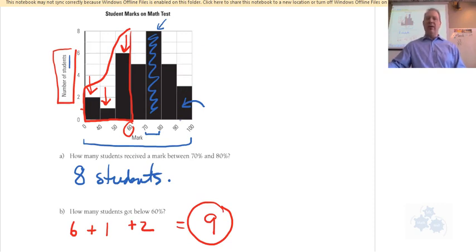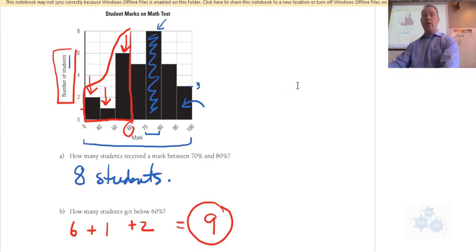However, we don't know these 3 students that are in here. This is a height of 3. Of those 3 students that got between 90 and 100, we have no idea what their actual test marks were. So we don't know if all 3 of them got 92, or if one got 93, one got 97, and one got 99. Or 90? We don't really know.